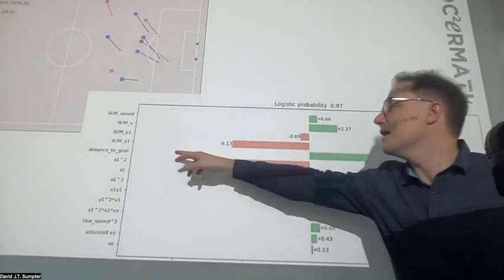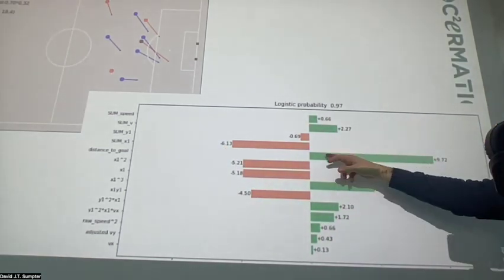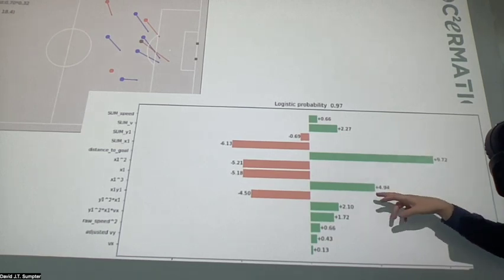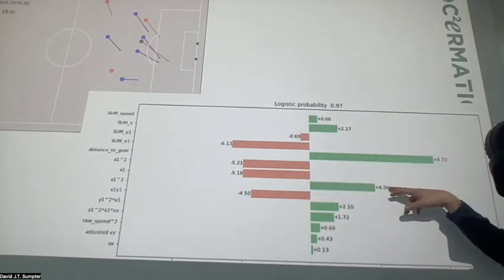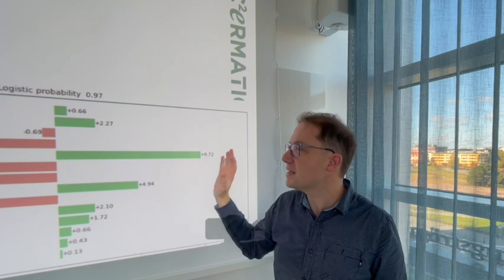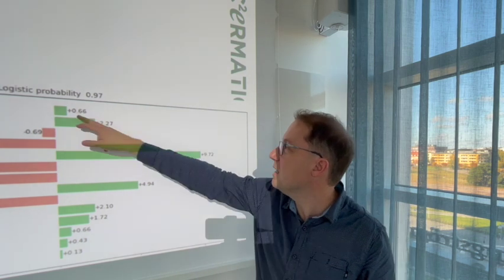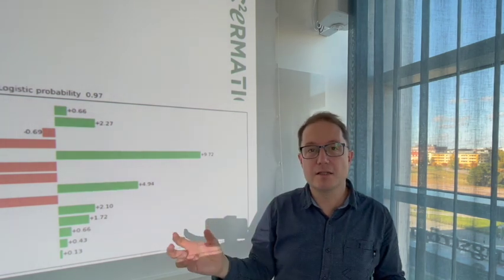So in this particular case, the distance from goal, which is very nearby, makes this a very good dribble. And various qualities of the x coordinates and the y coordinates also make it a good dribble. So this tells us what exactly it is about this dribble, in particular its distance to goal. Speed just has a small effect there. We can actually say why it is a good dribble.